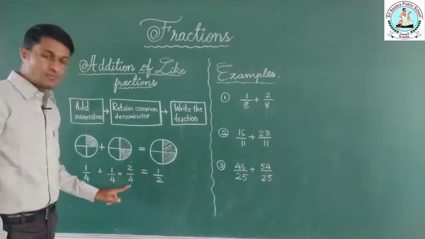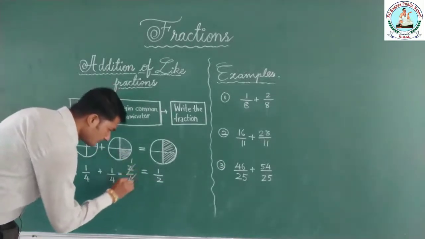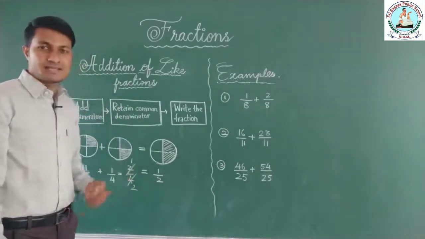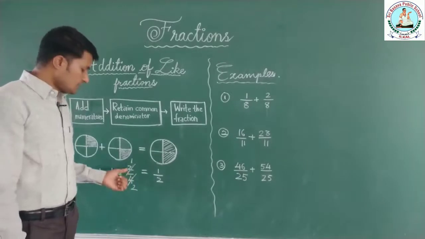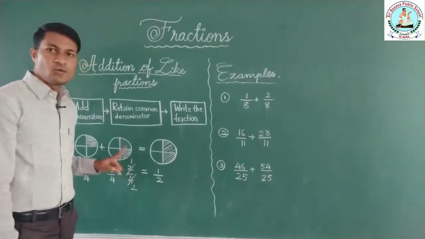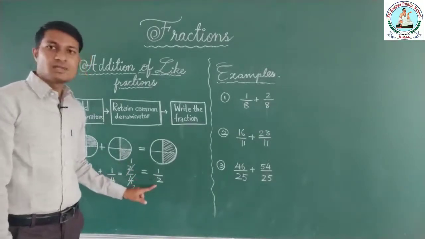So bring this 2/4 to its simplest form. 2 and 4 come in the 2 times table, so divide 2 and 4 by 2. When you simplify 2/4, you get 1/2, and that is your result.